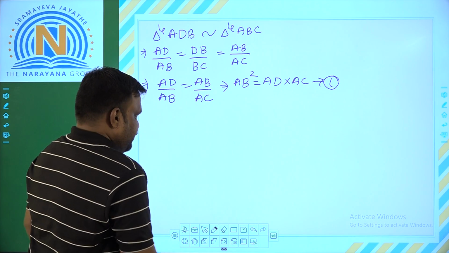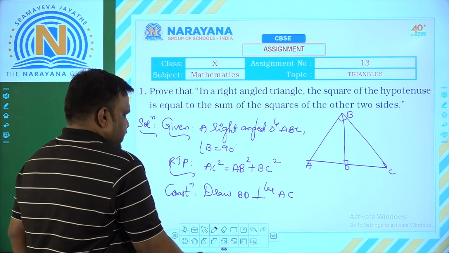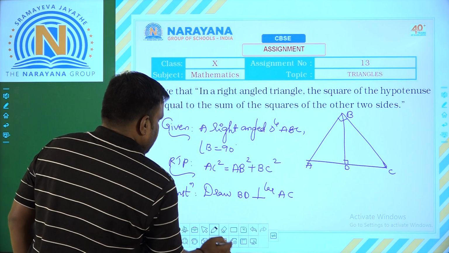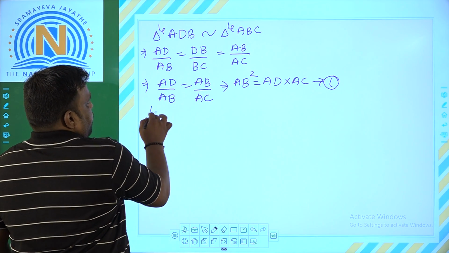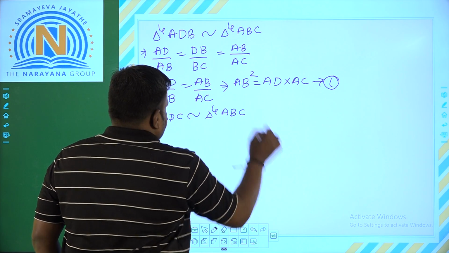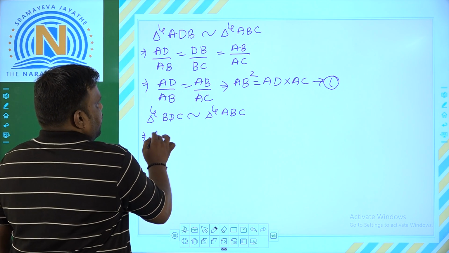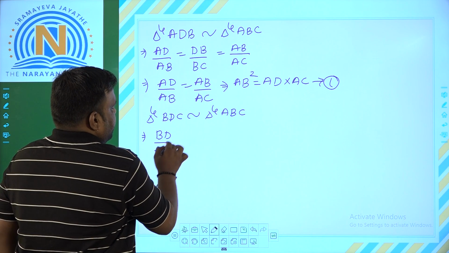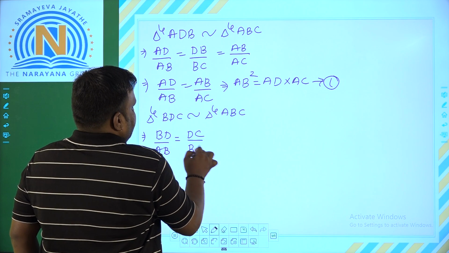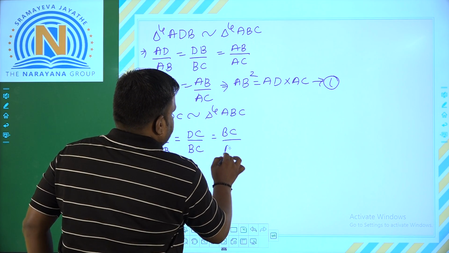Now, as we read, even the second triangle is also similar to the whole triangle. That means triangle BDC is similar to triangle ABC. So when you look at this one, here BD by AB is equal to DC by BC is equal to BC by AC.